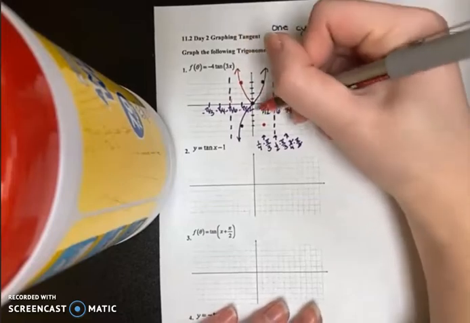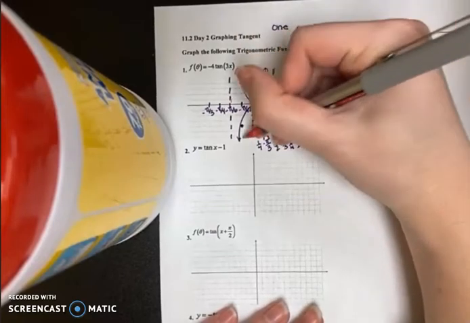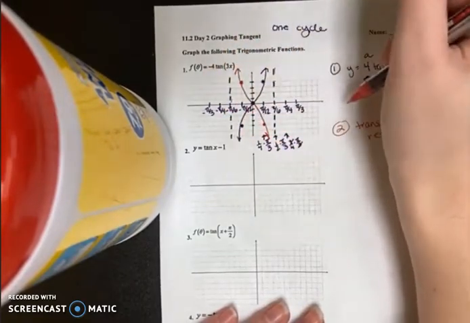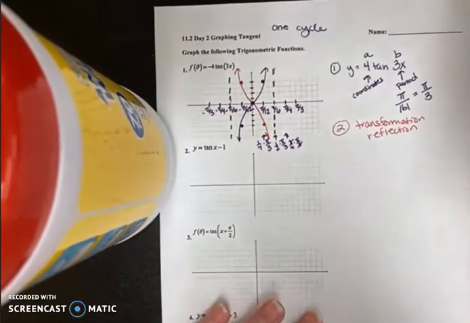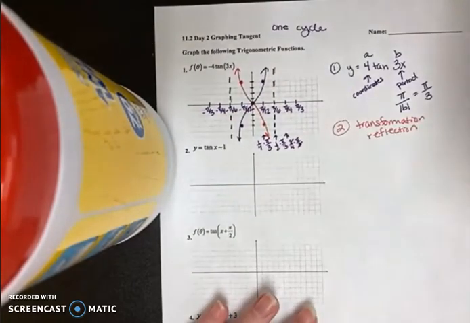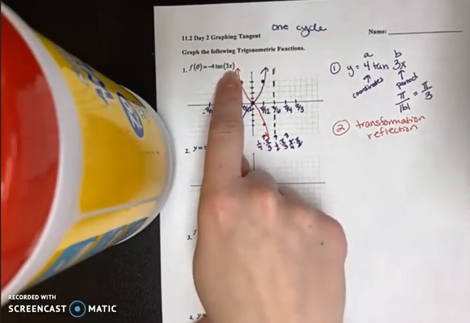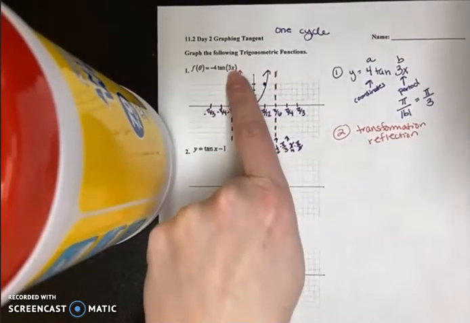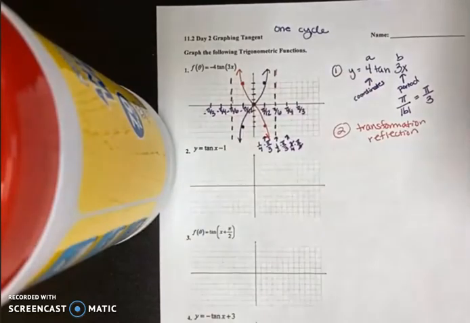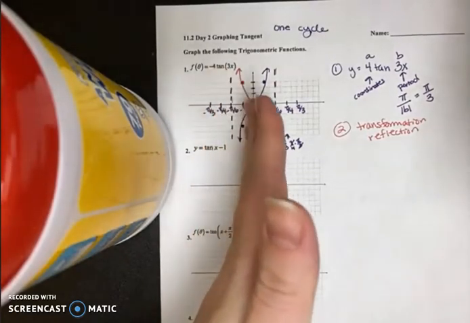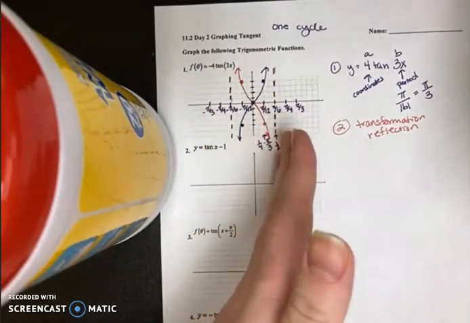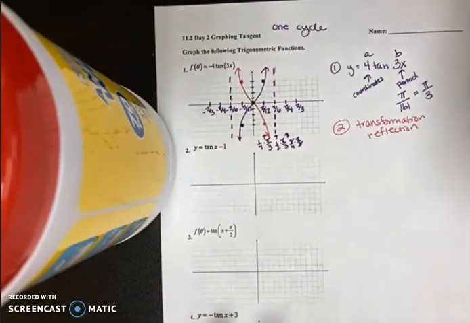You can see how it's a mirror image, and we've reflected about the x-axis. Now that wasn't the only transformation, or excuse me, yes it was. It was the only transformation because when I look, I don't have an h, I don't have a k. So I guess that means that we are done, okay? It's the red graph, and there's still an asymptote there because I haven't shifted it at all.